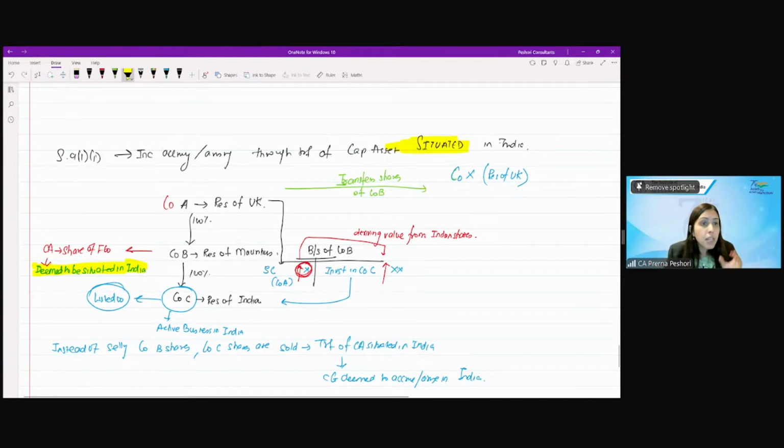They are saying that the company B shares are deemed to be situated in India. Meaning, if the shares of company B are now transferred, the income accruing or arising from the transfer of company B shares will be deemed to accrue or arise in India. So, capital gain on sale of company B shares shall be deemed to accrue or arise in India. Are you getting this point?